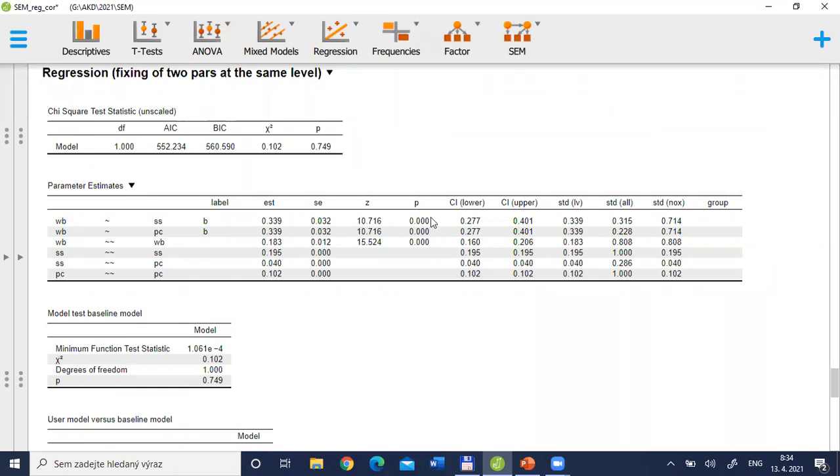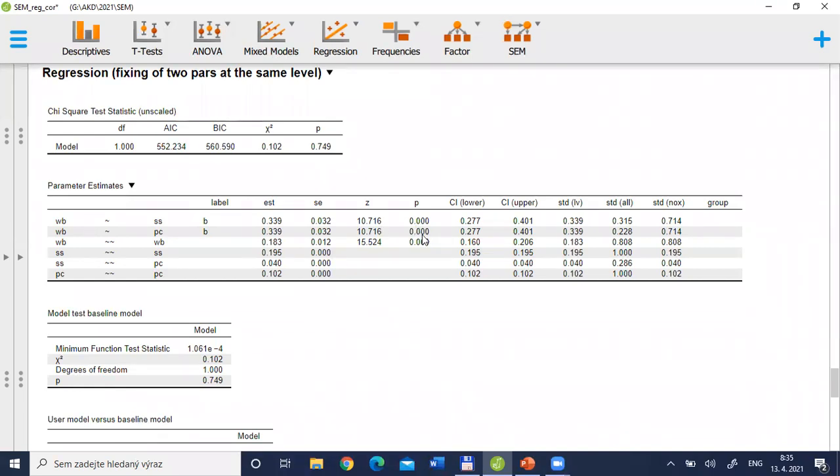These regression coefficients are tested by a formal test, which is based on the estimate divided by its standard error. The result is approximately normally distributed. That's why Z is described here, and the p-value is recomputed for these Z statistics. So this impact of social support and proactive coping is statistically significant.